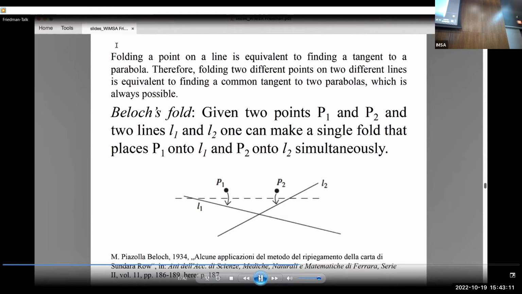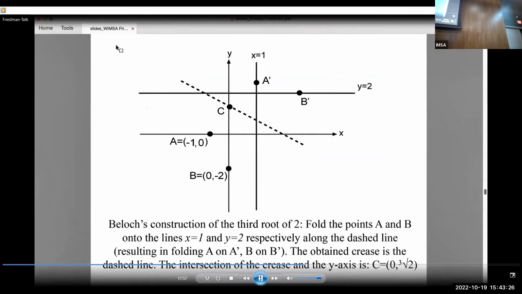Now, how does Beloch's construction lead to solving the problem of the multiplication of the cube, or more precisely, the problem of constructing a segment whose length is the third root of 2? So here is Beloch's construction. She took the points A, (-1, 0), and (0, -2), and folded them onto the lines x = 1 and y = 2.